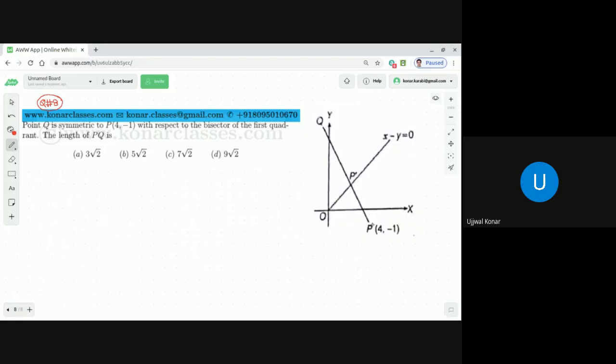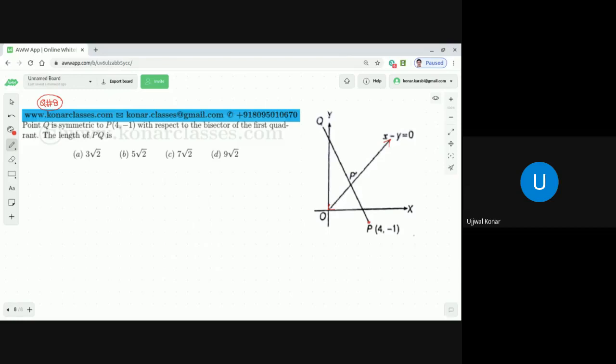The coordinate of the point P is (4, minus 1). Now the point Q is symmetric to point P with respect to the bisector of the first quadrant. So the bisector of the first quadrant is this one. This straight line is the bisector of the first quadrant. But then how to find this?